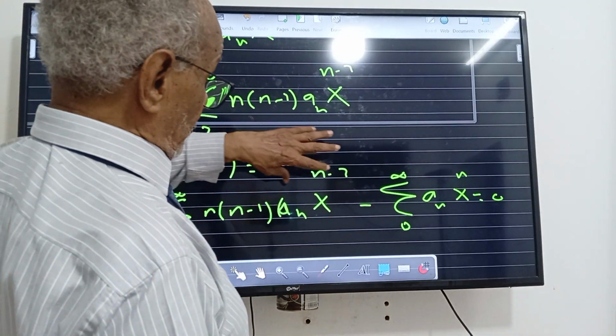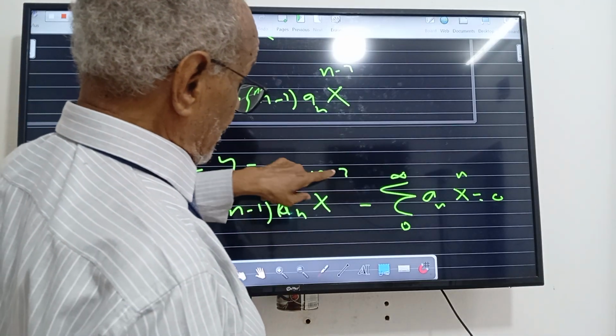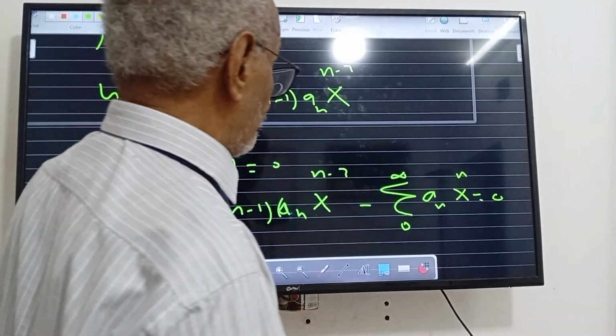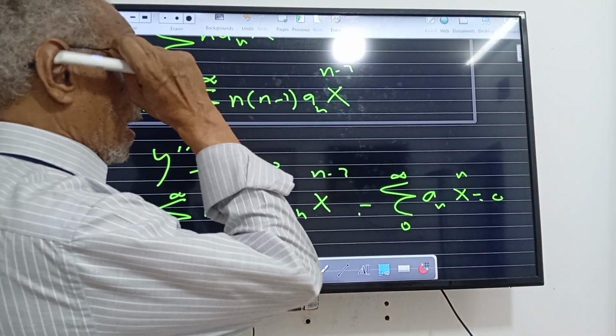So we try to make this power also n instead of n minus 2.